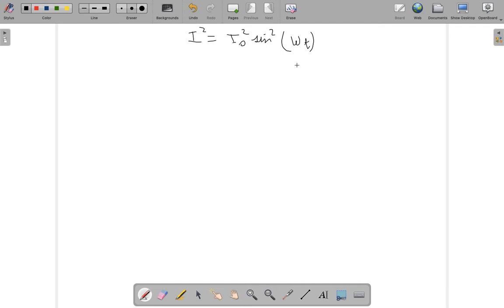Now our sine squared can be rewritten as this here.